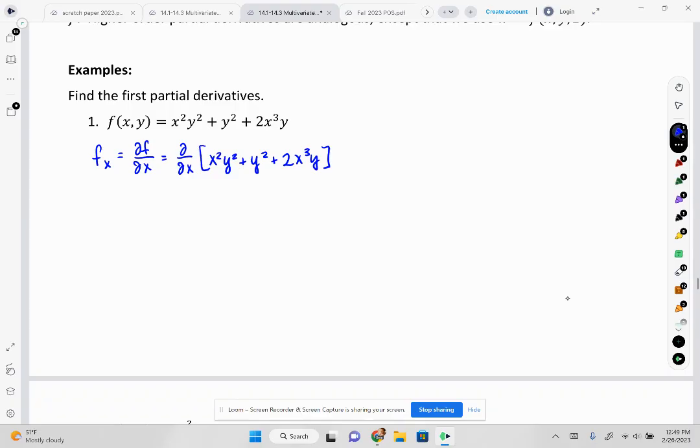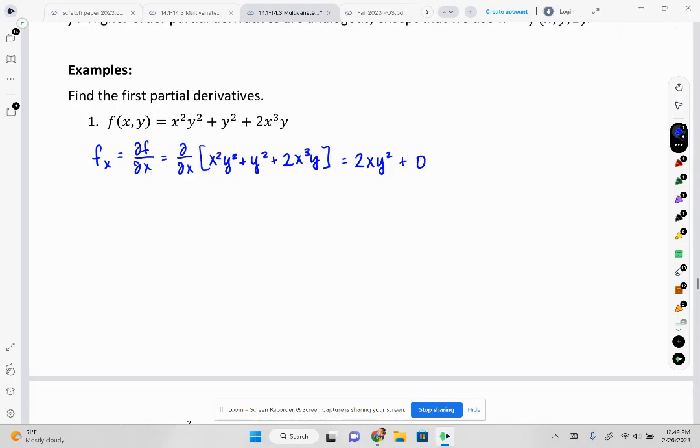If I treat y like a constant, then in this first term, if I take del x of x squared times y squared, the y squared is just a constant. So I focus on the x squared. The derivative of x squared is 2x. Times the y squared, that's still a constant that's hanging out there. So this gives me 2x y squared. Now, if I send the del x to the y squared, the derivative with respect to x of y squared is a constant, and the derivative of a constant is 0.